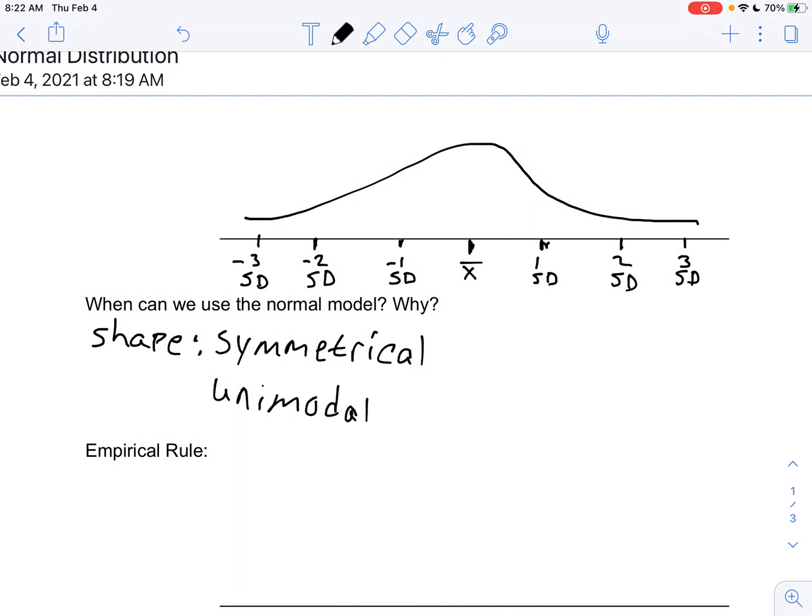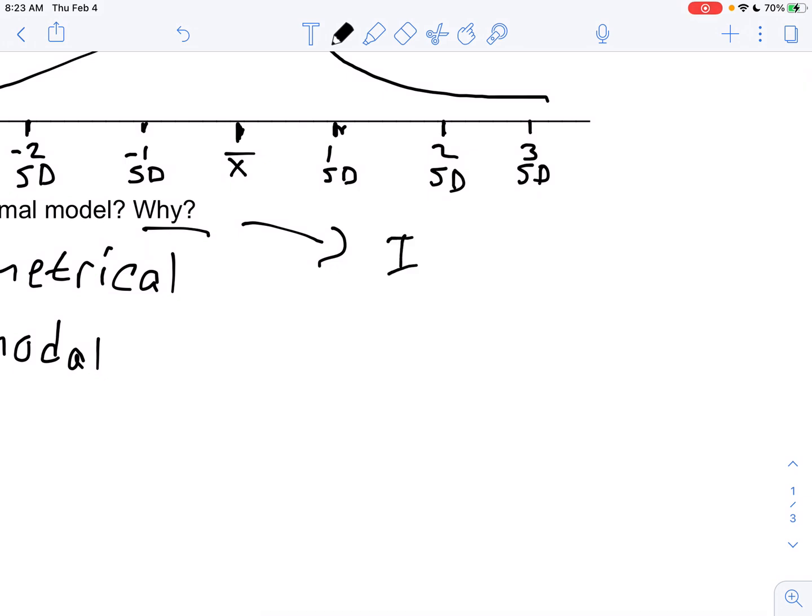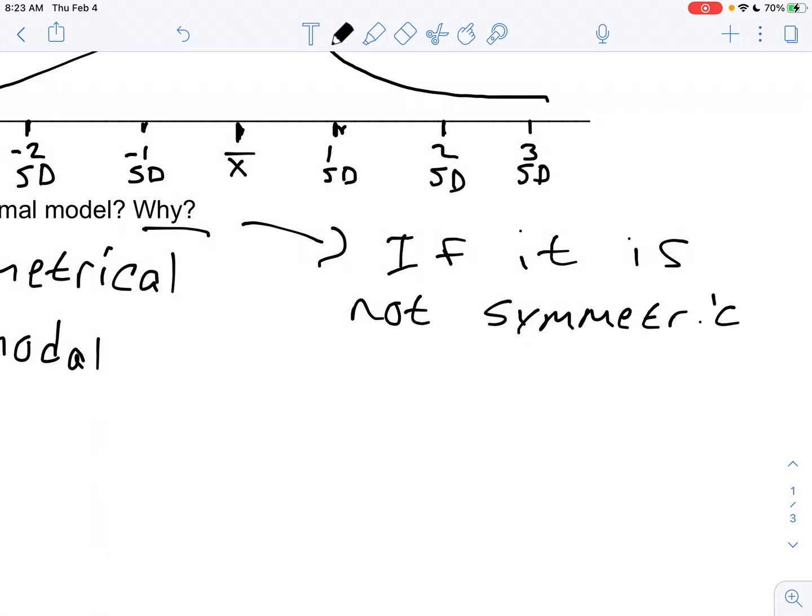And the reason is that if it's not symmetric, the normal model will not be as accurate.